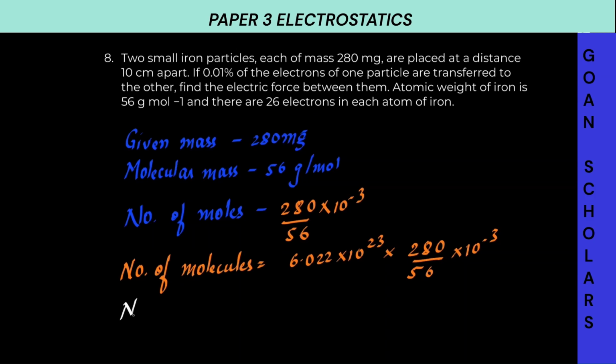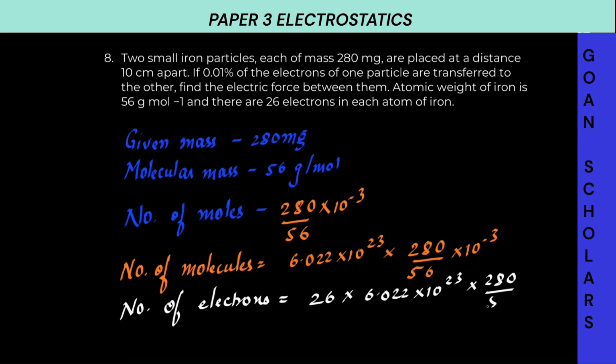So what will be the total number of electrons? Number of electrons will be 26 multiplied with these number of molecules. So, 6.022 into 10 to the power 23 whole multiplied with 280 upon 56 into 10 to the power minus 3. Correct? These are the number of electrons.